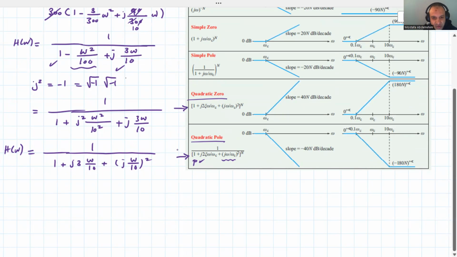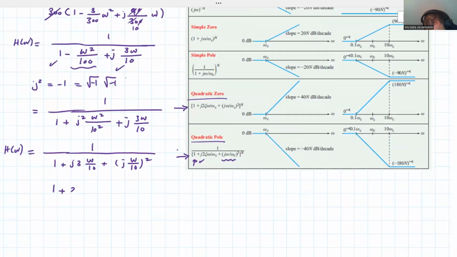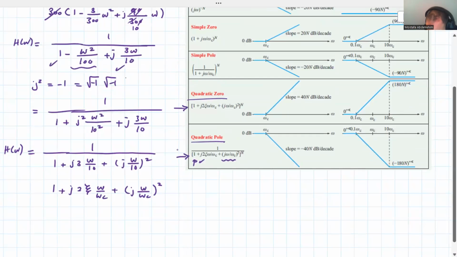Now let's compare with 1 plus j 2 zeta omega over omega c plus j omega over omega c, to the power of 2. If we compare, 1 is like 1.